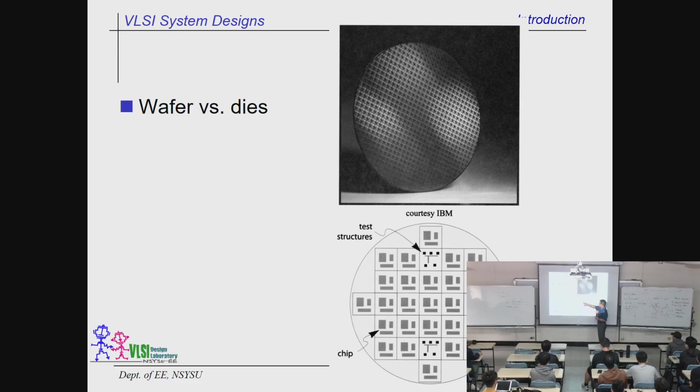Every single box stands for a special design. So this is the map, this wafer from IBM, and these are the chips over there, and this is your design.